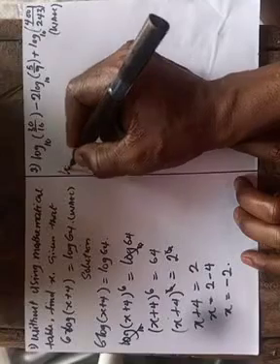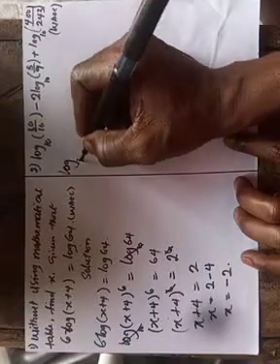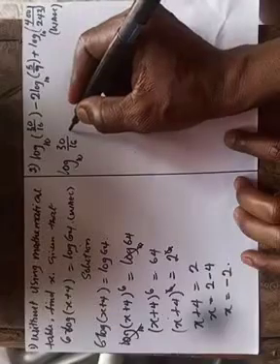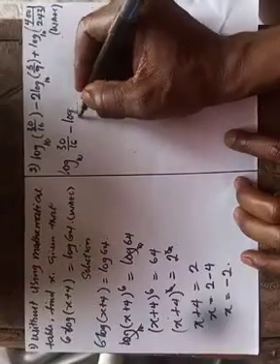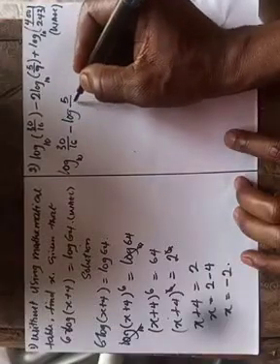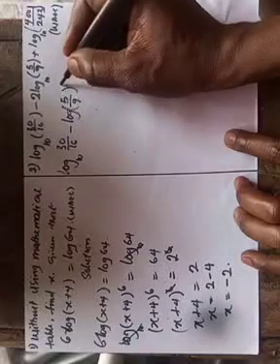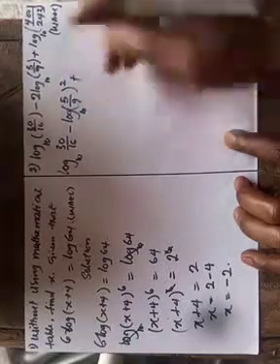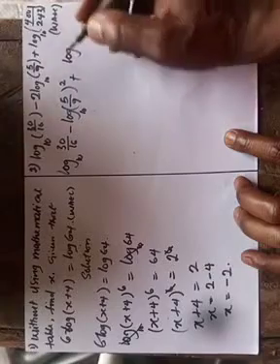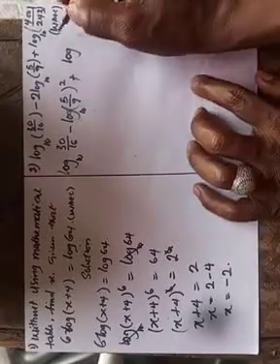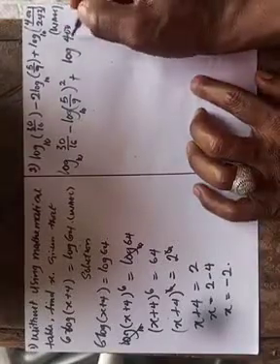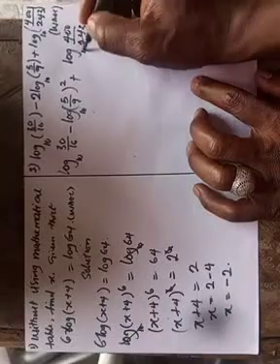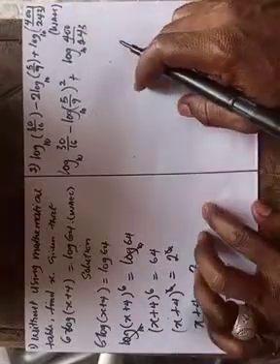So we have log base 10, that's log 30 over 16 base 10 minus log (5 over 9) raised to power 2 base 10 plus log 400 all over 243 base 10. So what do we do here?